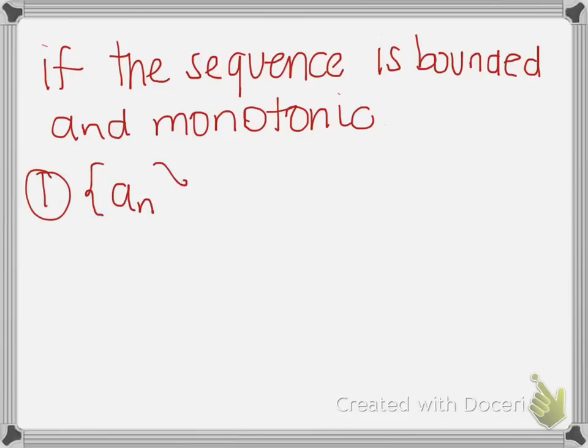The first one is a sub n equals 1 over n squared. You might already know of these sequences by just taking the limit, but I want you to use this theorem. Tell me if it's bounded above, bounded below, if it's bounded, and if it's monotonic, so if it's increasing or decreasing.